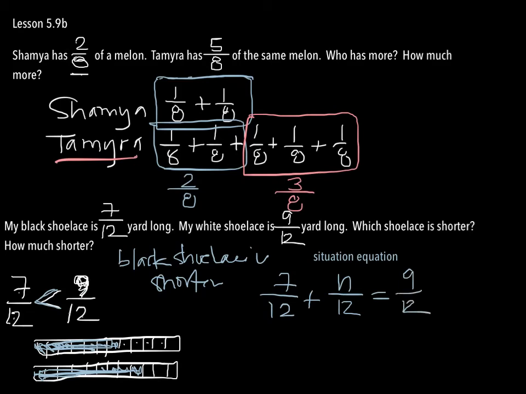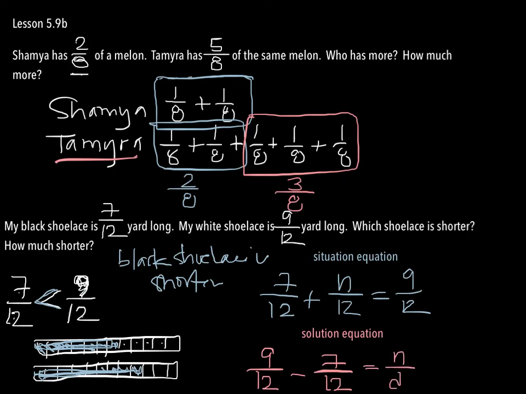That's what it's asking me. It's asking me, well, if I have my 7/12, how much would I add to it to equal my 9/12, the longer shoelace. Now, our solution equation is going to be 9/12 less 7/12 is going to give us n over d.